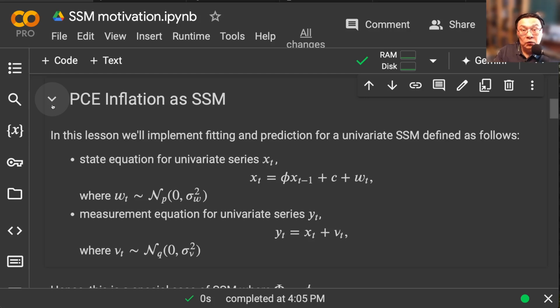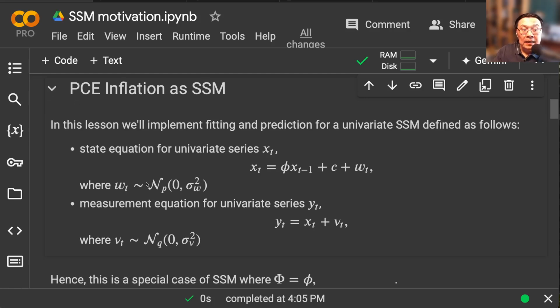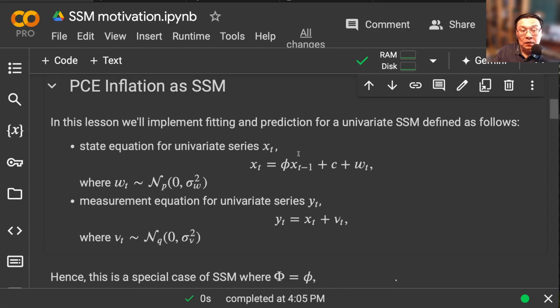Okay, so we're going to implement this very simple univariate state space model, right? So it's basically an autoregressive equation with a constant, or with a trend, for the state. So we have this unobserved state x_t.